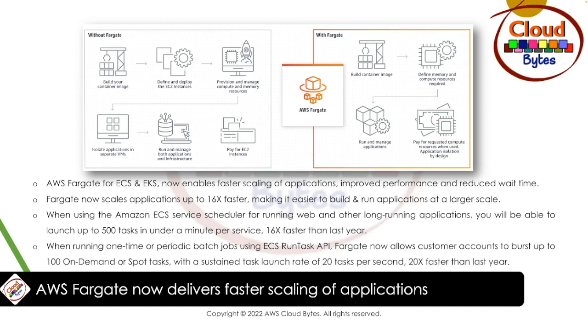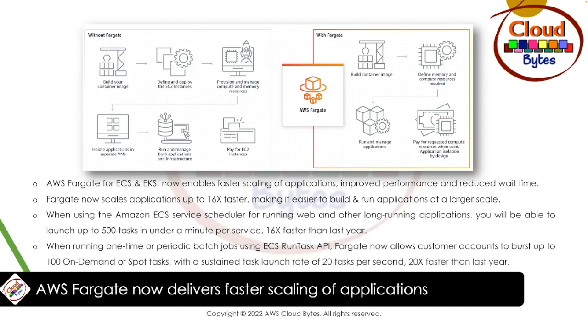When using the Amazon ECS Service Scheduler for running web and other long-running applications, you will be able to launch 500 tasks in under a minute per service, 16 times faster than last year. Previously, you would have waited nearly 15 minutes to scale an application to 500 tasks at steady state.